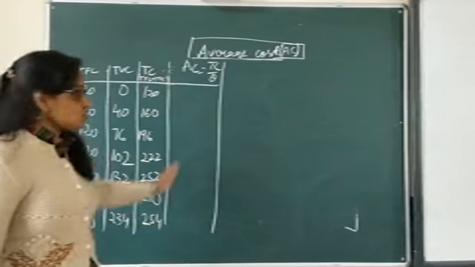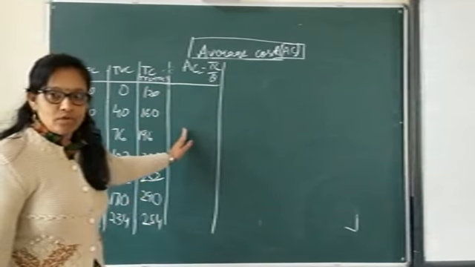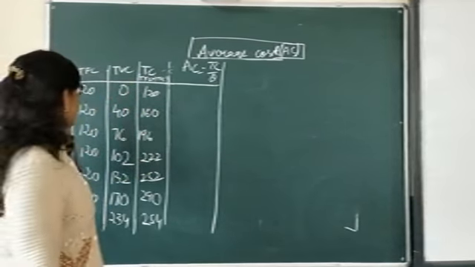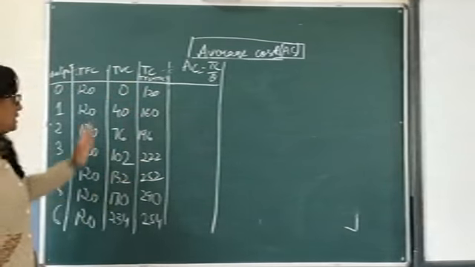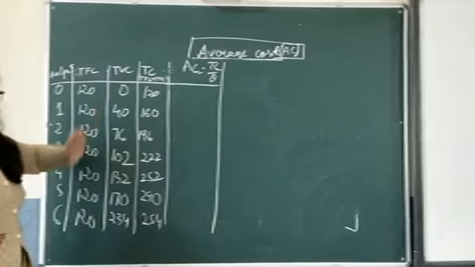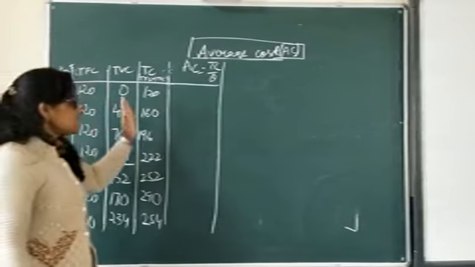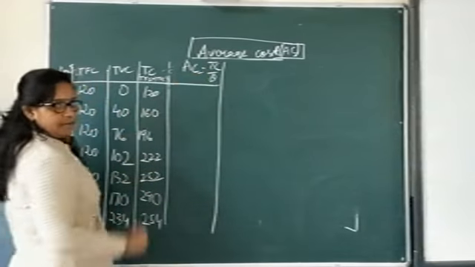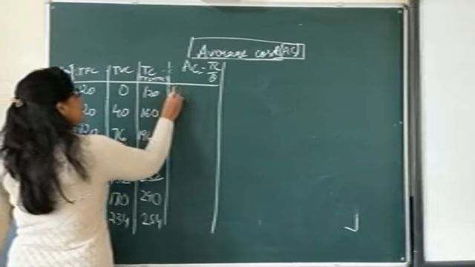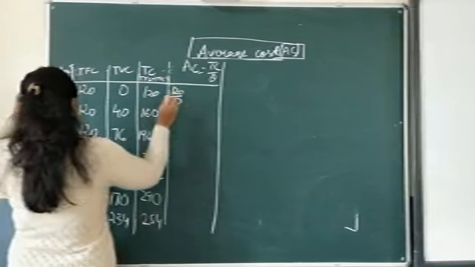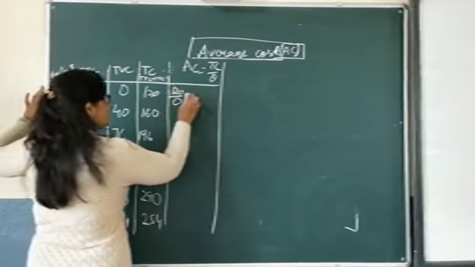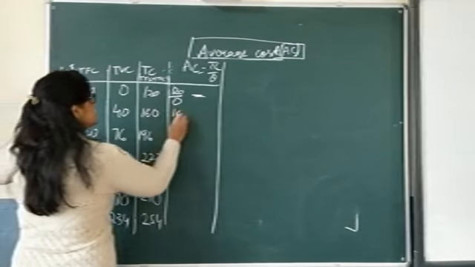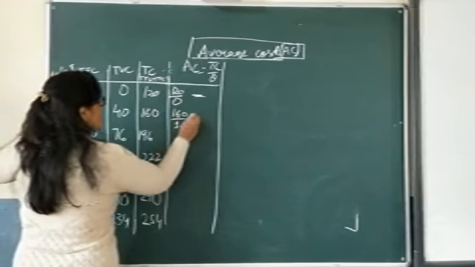Now from TC we need to get AC. Without TC you cannot calculate AC. But for TC you need TFC, you need TVC. That's why you have written TFC value, TVC value and TC value in the schedule of AC. And this TC value will help you calculate AC value. What is the formula of AC? TC upon Q. So it will be 120 upon 0. Here we always write dash. Second one is 160 upon 1.